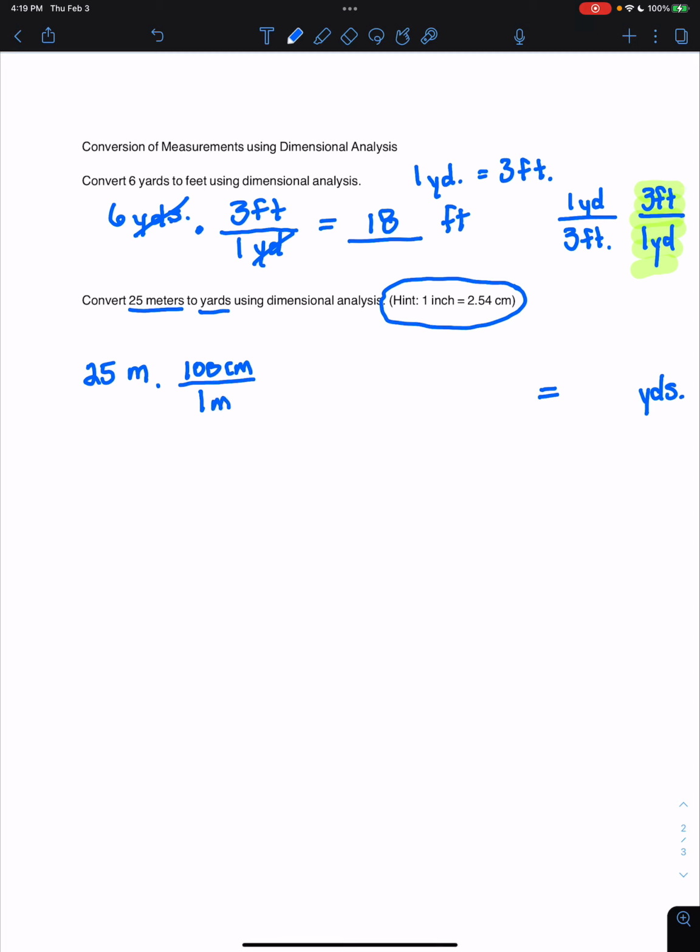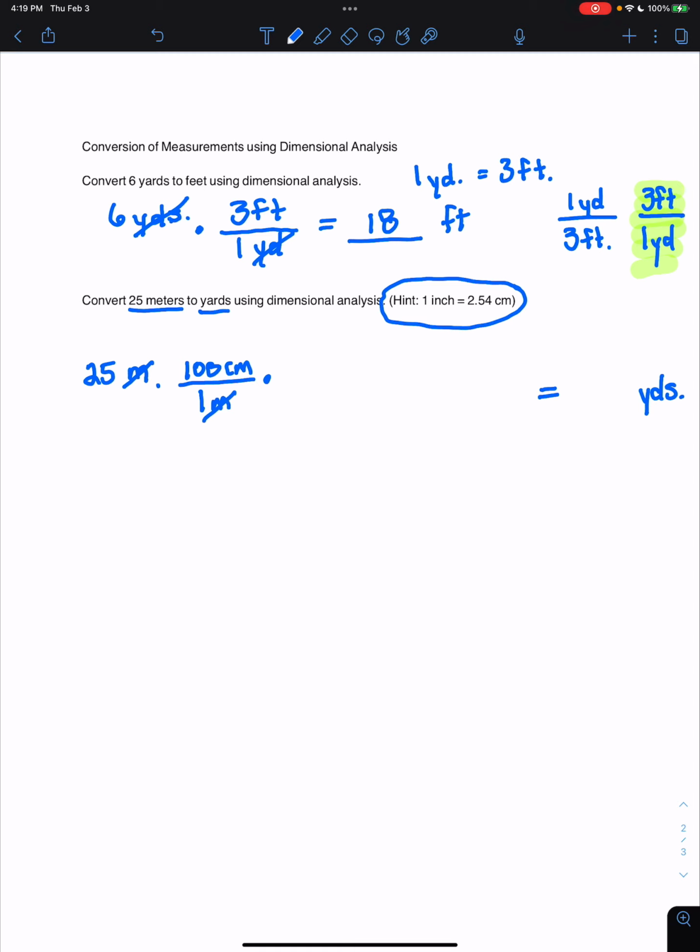And I'm writing it this way because meters are on the top and meters are on the bottom, I can get rid of the meters and I'm left with centimeters. And by the way, you could solve this right here and you could just say equals and then centimeters. But I'm going to keep going because I'm going to do this all in one step and get the whole way to yards.